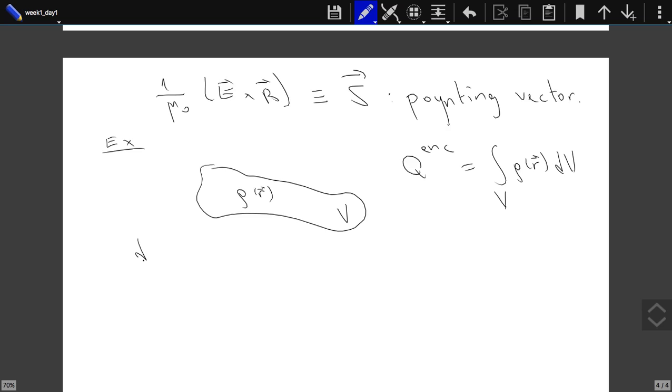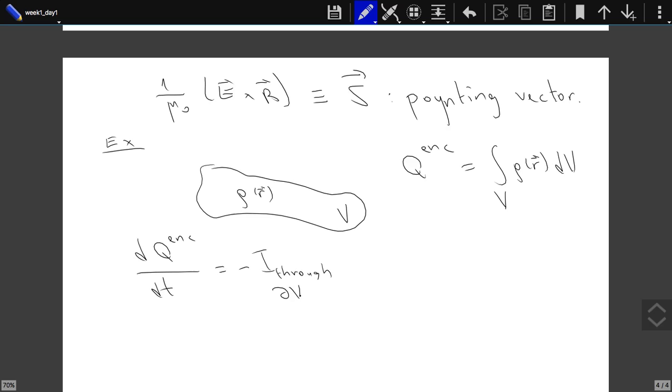Now I can talk about the rate of change of this enclosed charge. Well, the rate of change of charge is nothing but the current, right? So let me write minus I, the current through the boundary of V. Why did I put a minus?